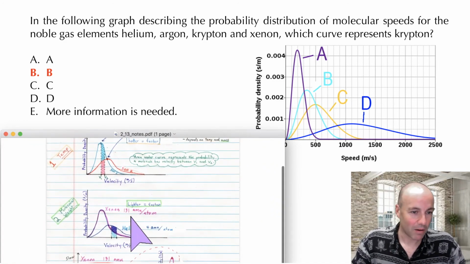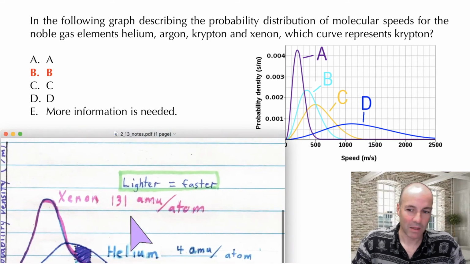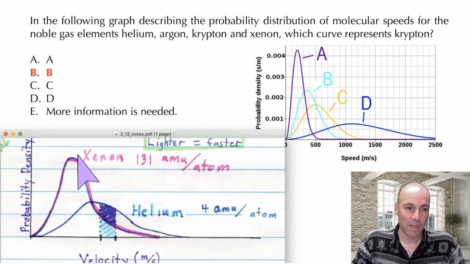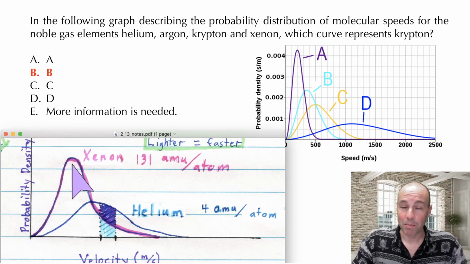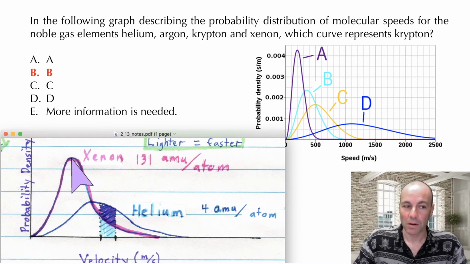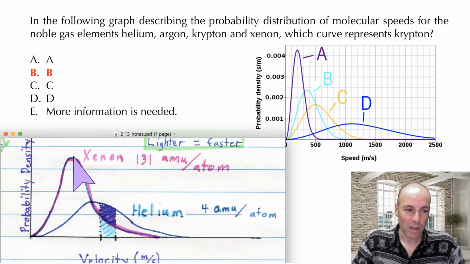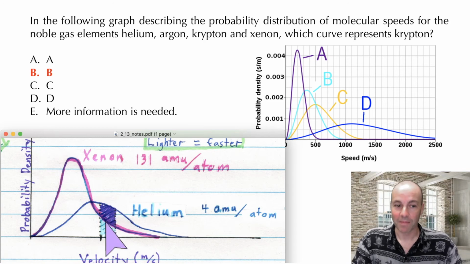So going back here to the mass dependence, looking at the curve for xenon versus helium. Now xenon, the peak is over here to the left, and helium, its peak is over here to the right. So we could say that xenon, the gas particles move more slowly than helium.